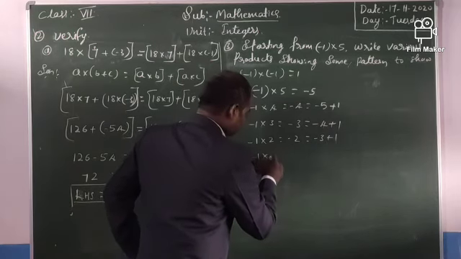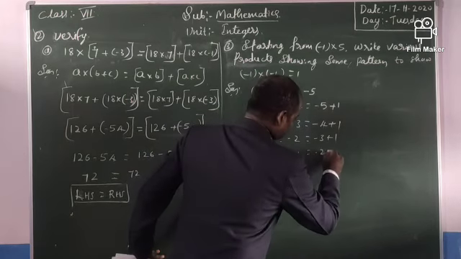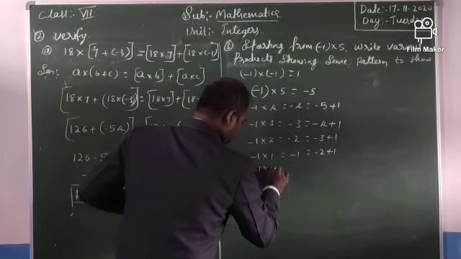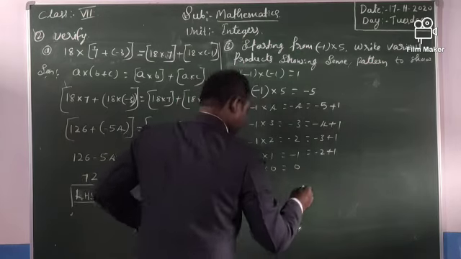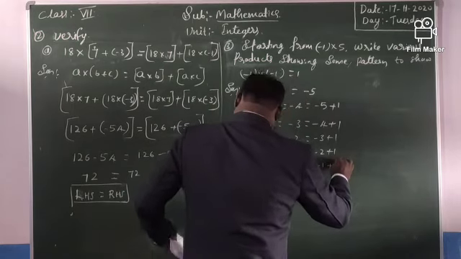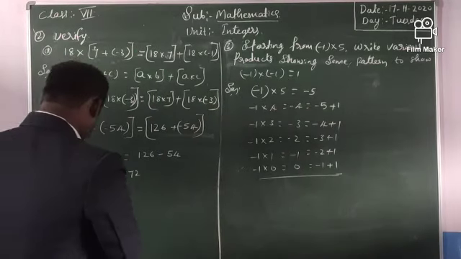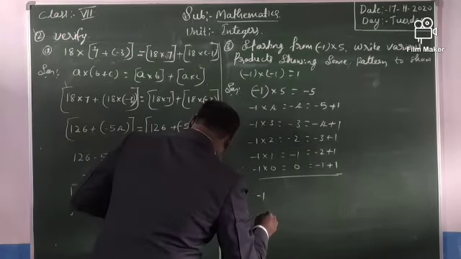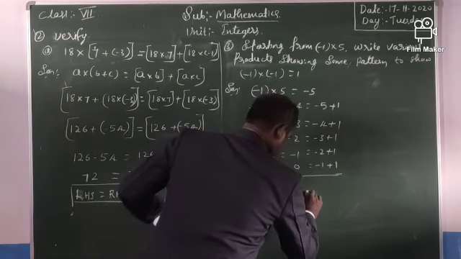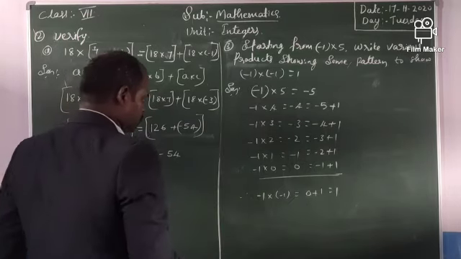Okay, next minus 1 into 1, which is equal to minus 1, which is equal to minus 2 plus 1. Next, minus 1 into 0 equal to 0. Therefore, it is equal to minus 1 plus 1 equal to 0. Got it? Therefore, minus 1 into minus 1, which is equal to 0 plus 1, is equal to 1. Understand here?